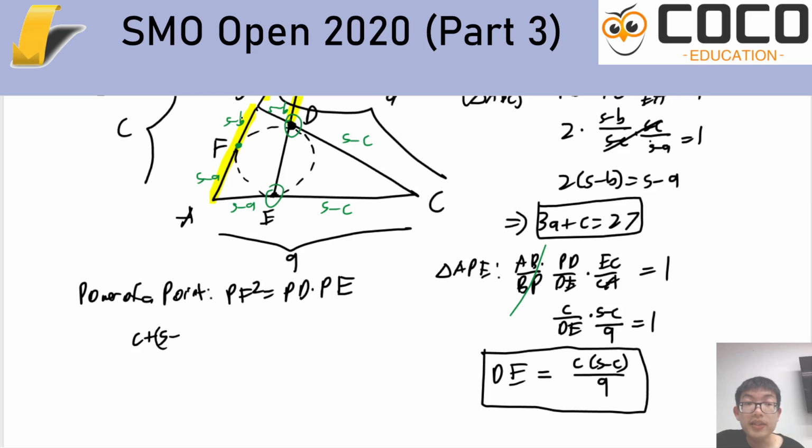So B is 9, remember, so I have PF, PD is just C, and PE is now this thing here.